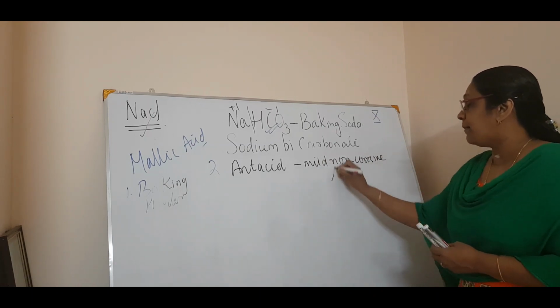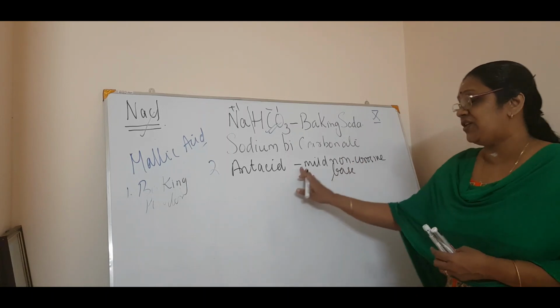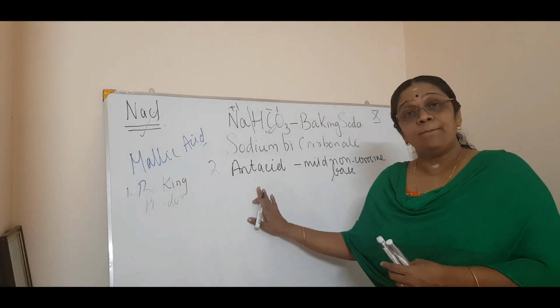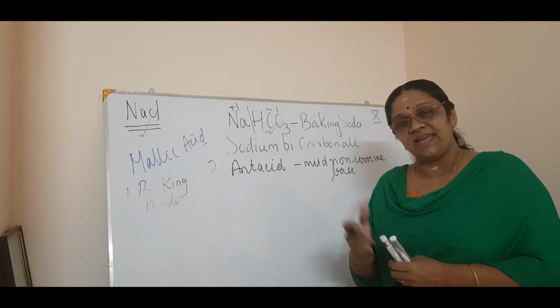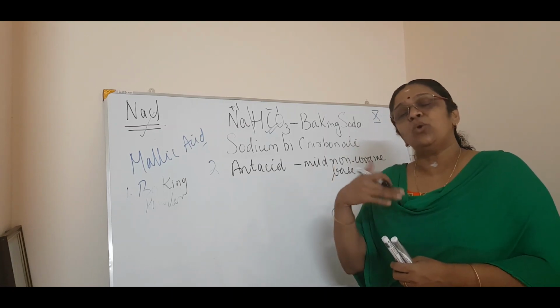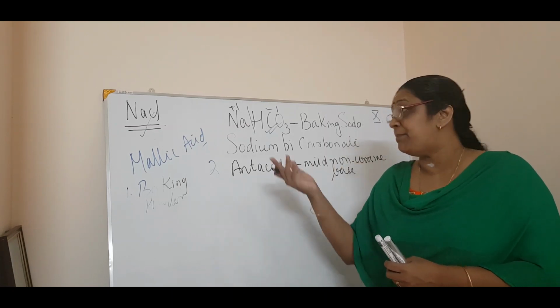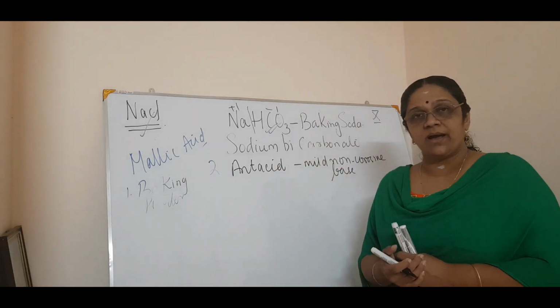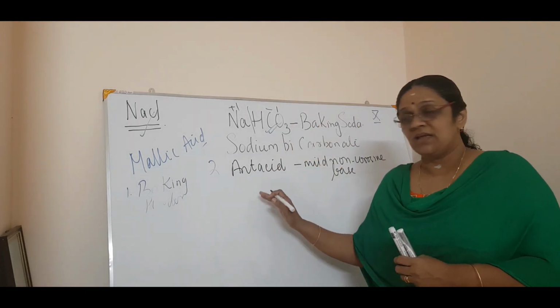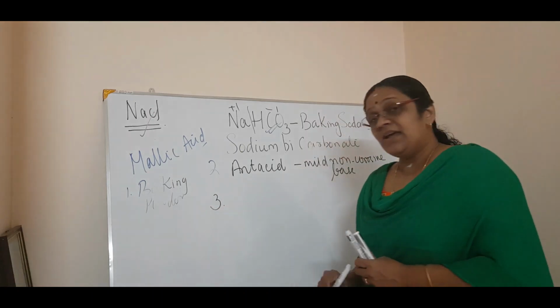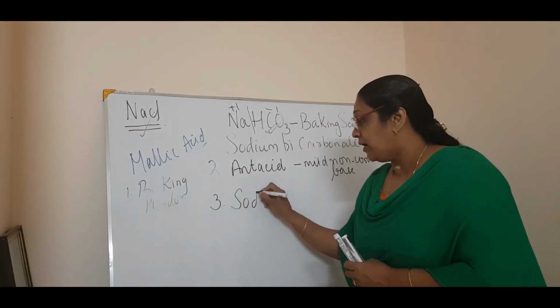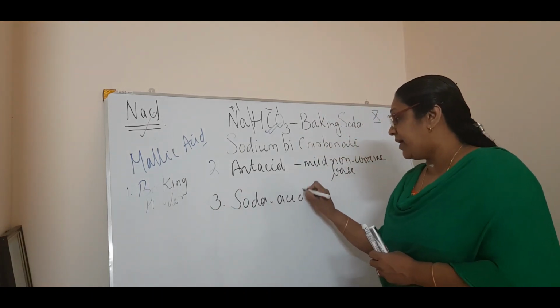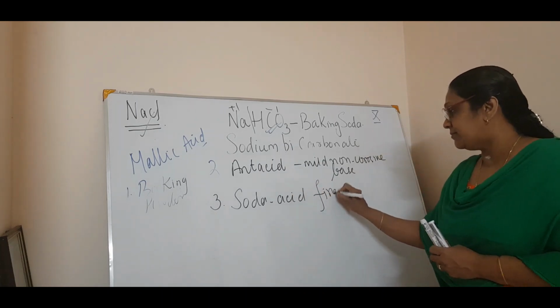Since sodium bicarbonate is a mild non-corrosive base, it is used in making antacids. Antacid means in order to prevent the acidity, you are giving a base. So in that case, the base you can have is baking soda. Simple use. Now the third use is, it is used in soda acid fire extinguisher.